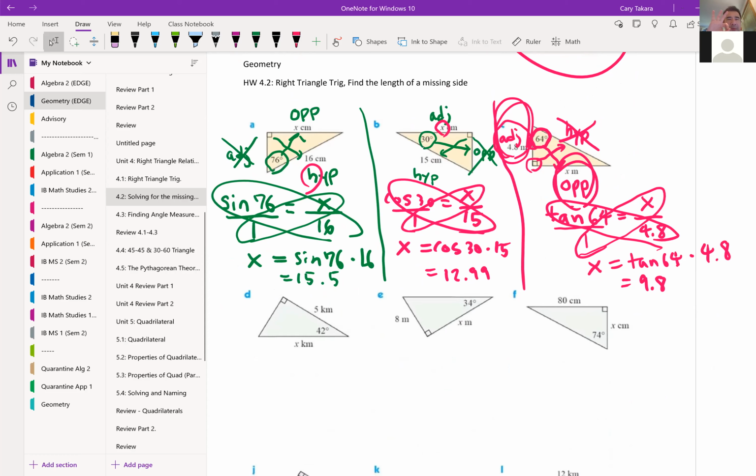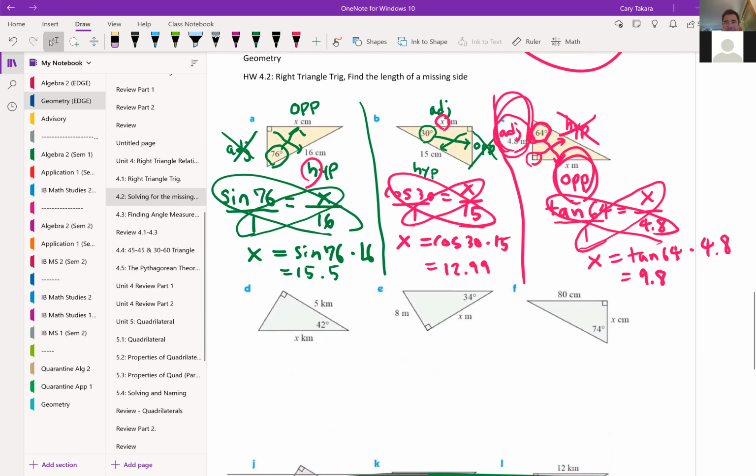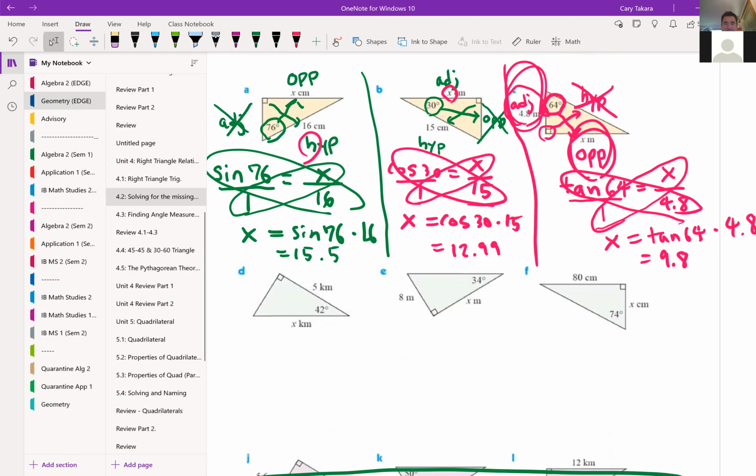Okay, 3 more problems to go. I'm going to let you guys work on that a little bit more independently. So why don't you work on D, E, and F? Let's work on that independently right now, and then in about 5 to 10 minutes, we'll talk about the answers.